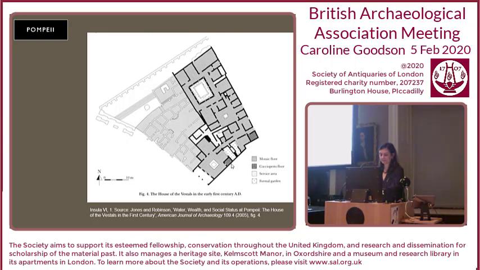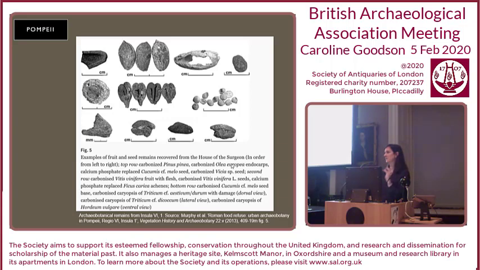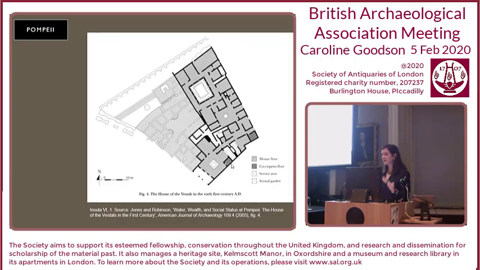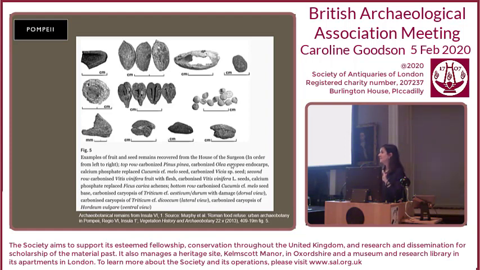When we look at the archaeobotany of this particular insula, there's one insula in Pompeii that's been excavated by single context recording relatively recently. So we've got a lot of data about what the archaeobotany of the site was. When we look at it, we can see quite a lot about what people ate in the productive parts of the houses and in the street fronting bars.